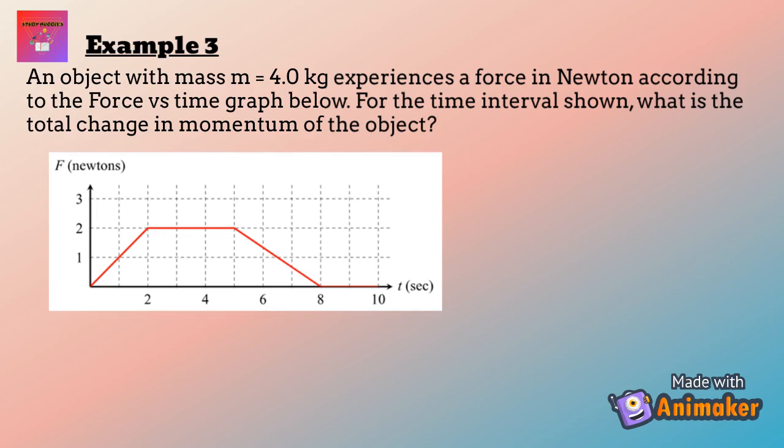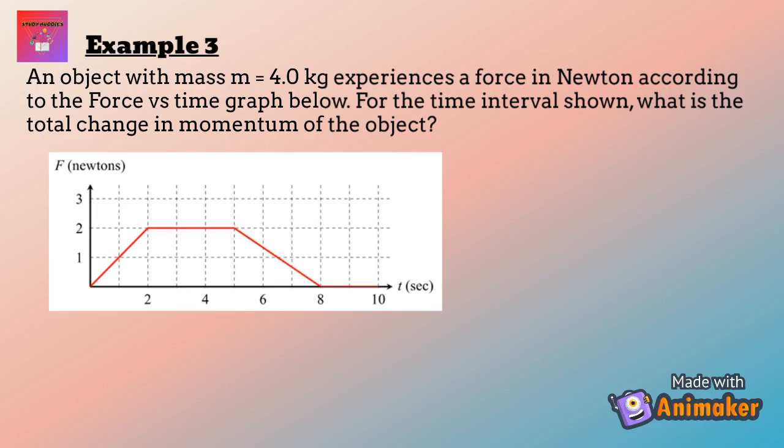An object with mass m equals 4.0 kg experiences a force in Newton according to the force versus time graph below. For the time interval shown, what is the total change in momentum of the object? Alright, for this question, they want us to find the total change in momentum, which is the impulse of the object.